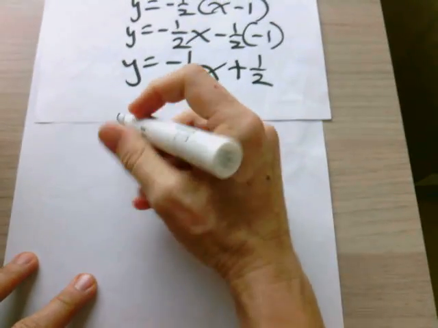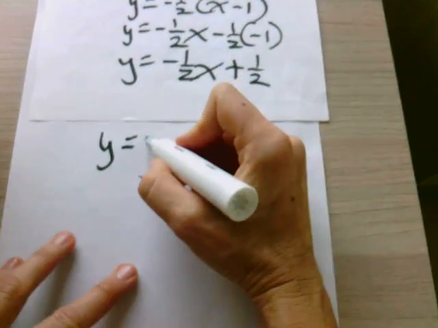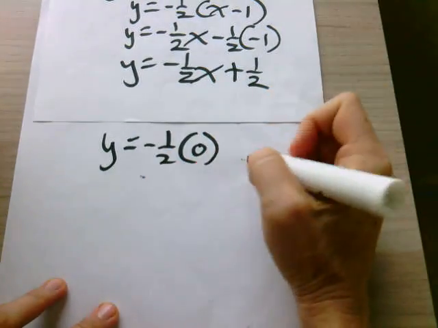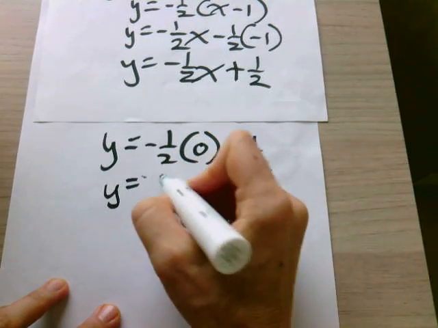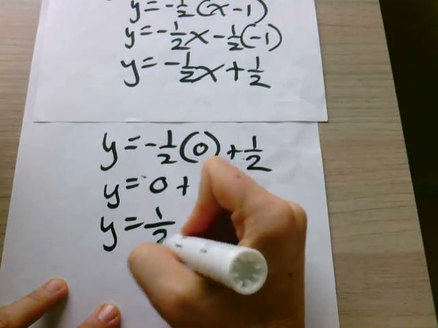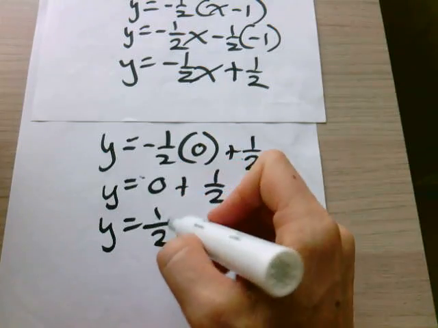So we'll go y equals -1/2 times 0 plus 1/2. Y equals 0 plus 1/2. Y equals 1/2. So yeah, we were right. The y-intercept is 1/2.